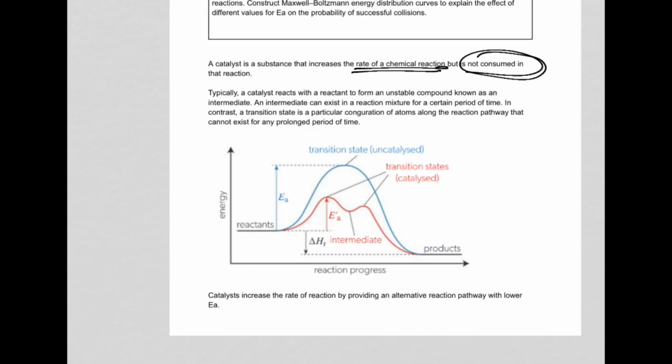So the important thing that you have to know is that a catalyst increases the rate of reaction by providing an alternative pathway with a lower activation energy. And if you remember, activation energy is always from level of reactants to the peak, to the transition state here. And for the uncatalyzed reaction, same thing, from reactant level to transition state.